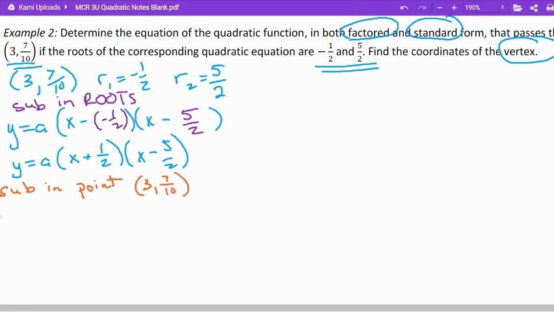Okay, so my y is 7/10. I don't know my a. I've got my x is 3, so 3 plus 1/2, and then 3 minus 5/2.